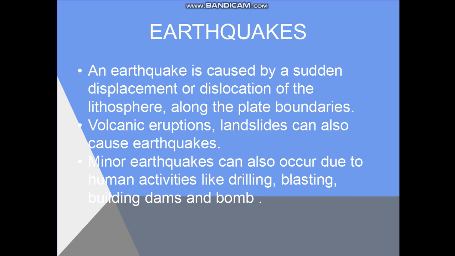Now let's come to earthquake. An earthquake is caused by a sudden displacement or dislocation of lithosphere along the plate boundaries. Volcanic eruptions and landslides can also cause earthquakes. Minor earthquakes can also occur due to human activities like drilling, blasting, building dams and bombs.